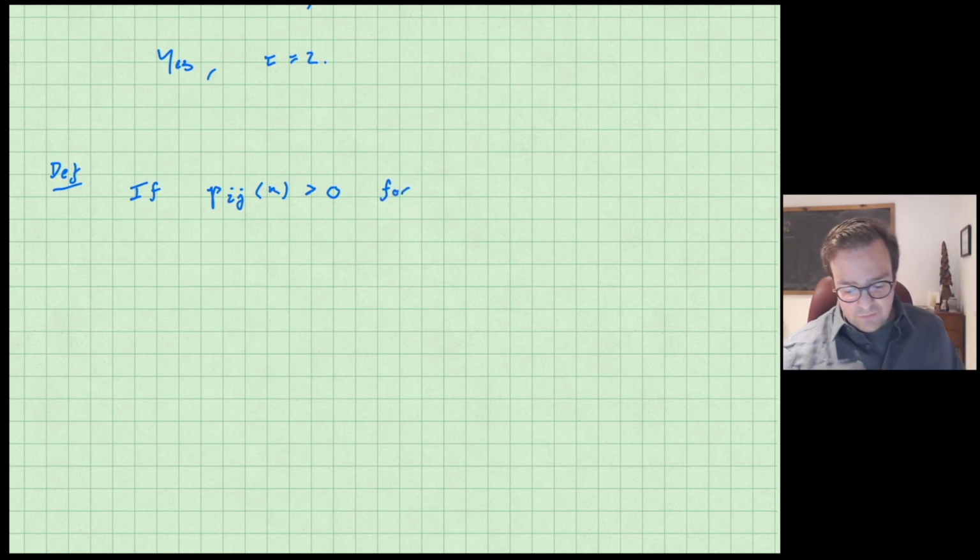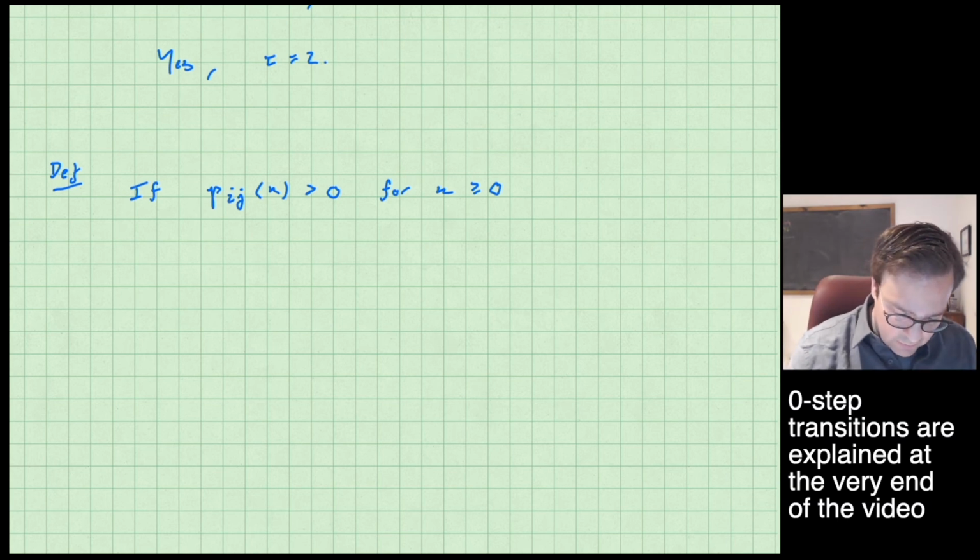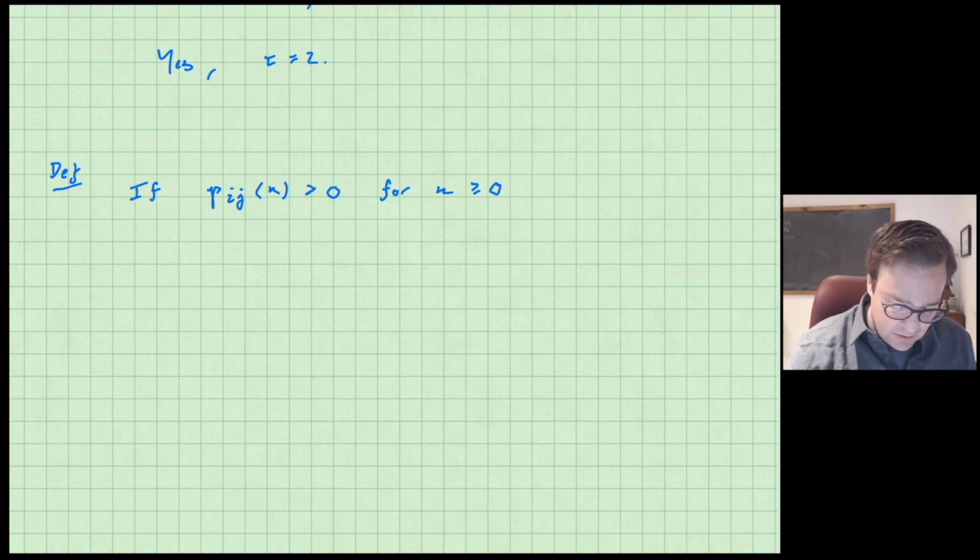Now 0 for the number of steps might seem odd, but we'll get to that in a second. If this is the case, which is common, we denote it in the following way. We say that you can get from i to j.